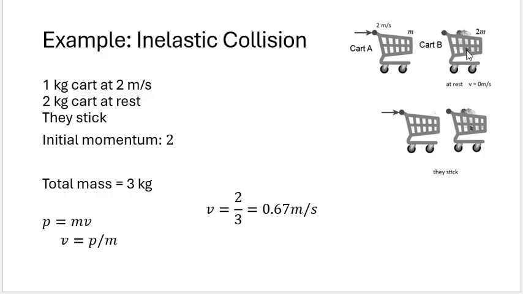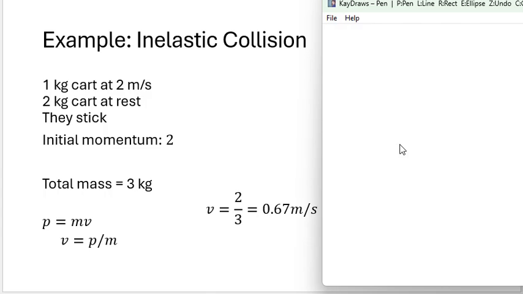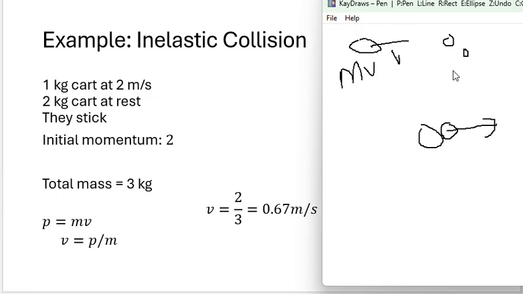Let me write that for you so you get it. You have one thing coming in with a velocity and another thing with 0 velocity, and then they collide and go together. Initially you have this and that. Since B is 0, the whole thing is 0, so we don't have to worry about it. Here your mass is 1 and your velocity is 2, so your momentum is 2.